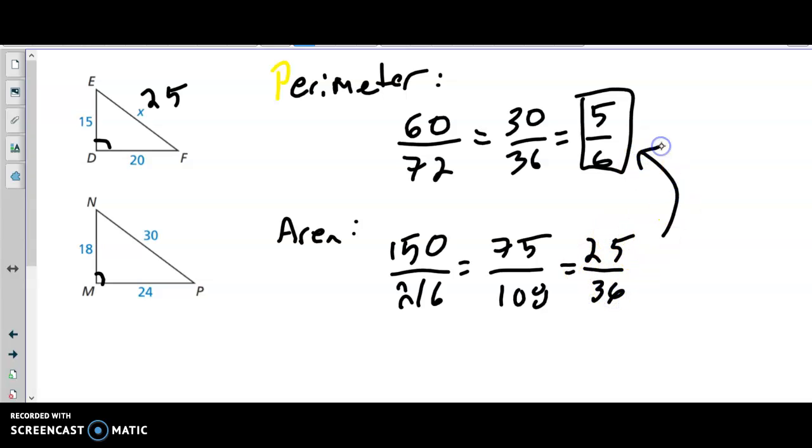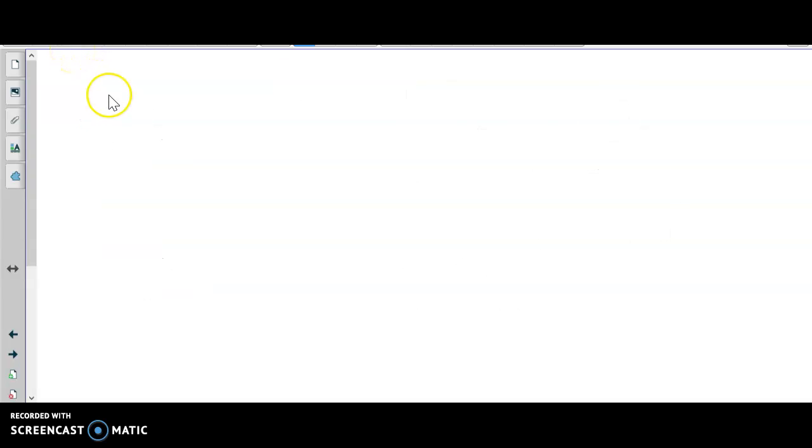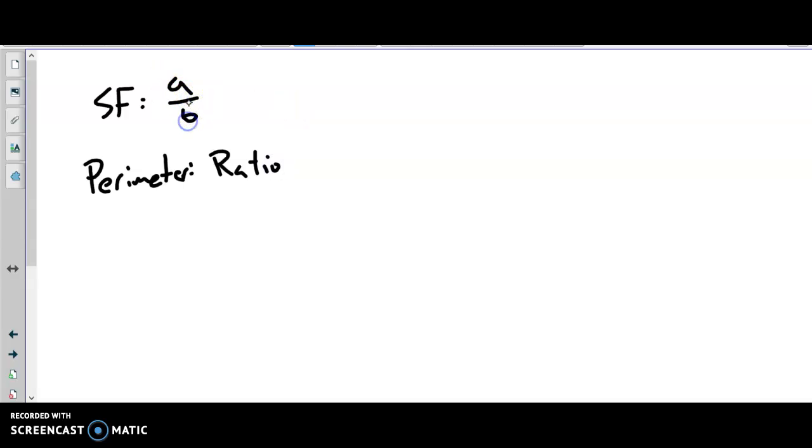Well, that's not 5/6, but how is it related? Well, 5 squared is 25, and 6 squared is 36. So we come into this interesting thing: for perimeter, my perimeter ratio is still equal to whatever my scale factor is.